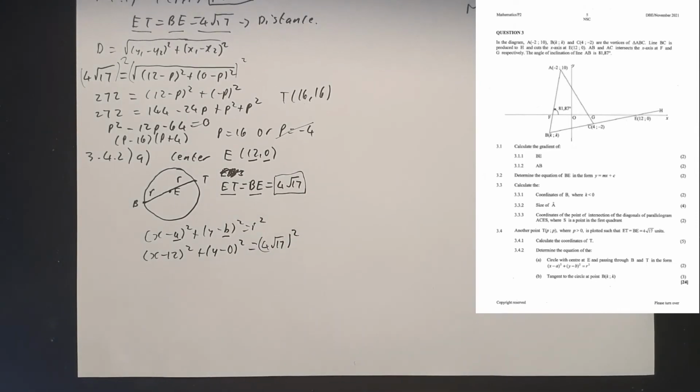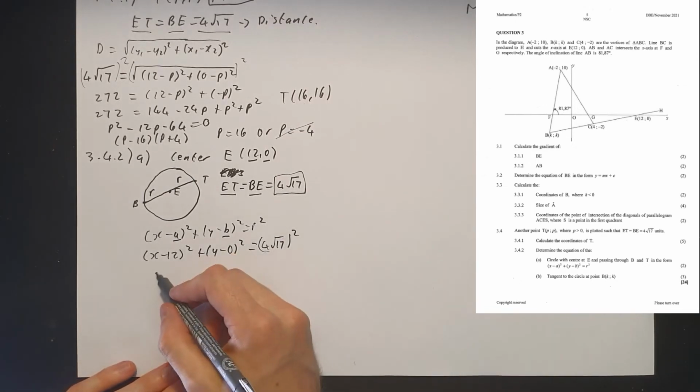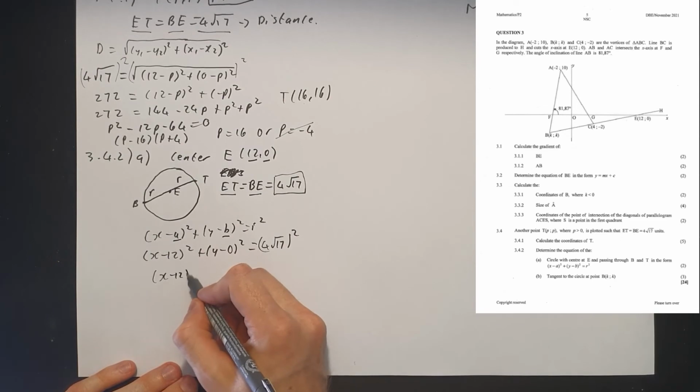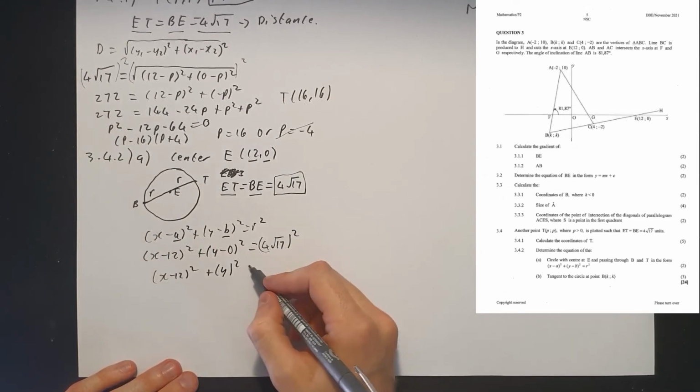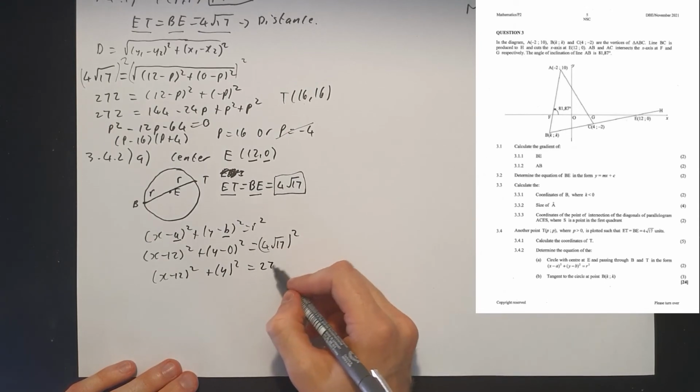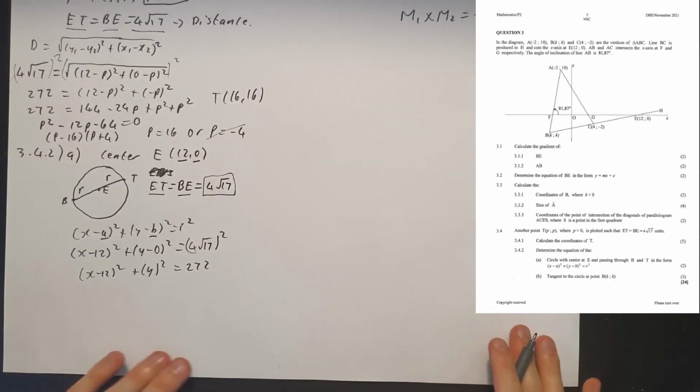You can leave it like that, or you can simplify it further if you want to, but all you're going to get is x minus 12 squared plus y squared equals 272. Okay, that's the simplest form.